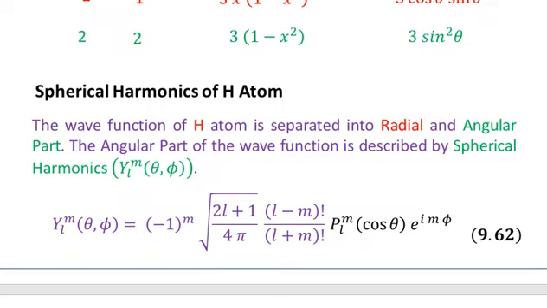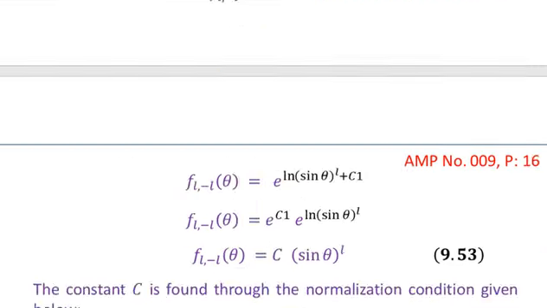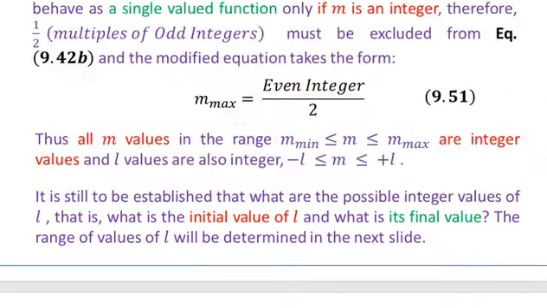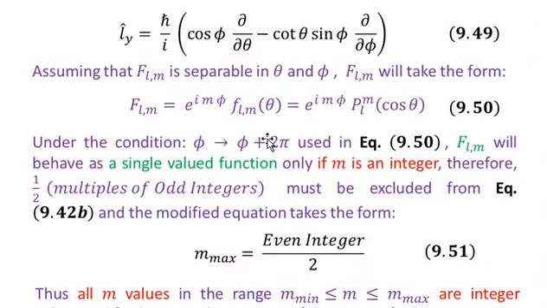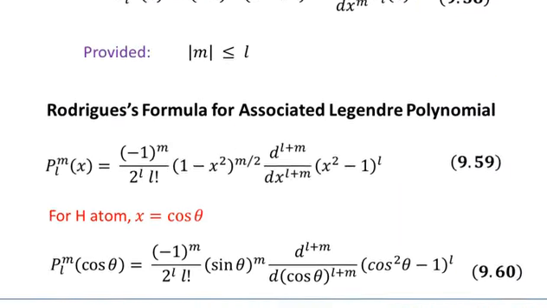Now we are talking about the spherical harmonics of the hydrogen atom. Let me show you equation number 50 first. Here you can see that I have FLM on the left-hand side, and on the right-hand side I have this dependence. This FLM can also be represented in terms of the spherical harmonics. The complete form of the spherical harmonics can be given as shown over here.